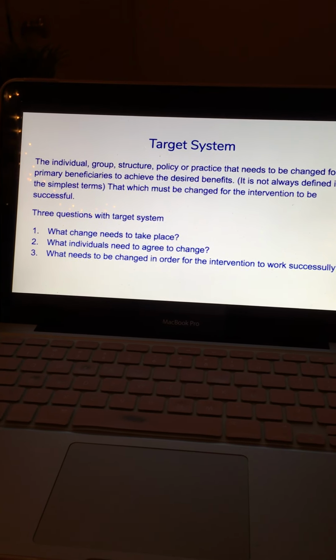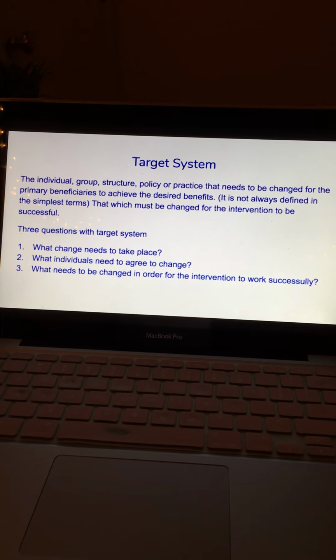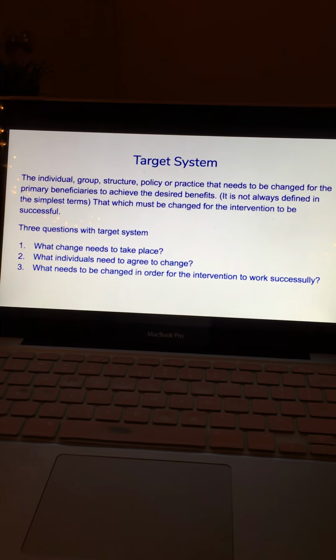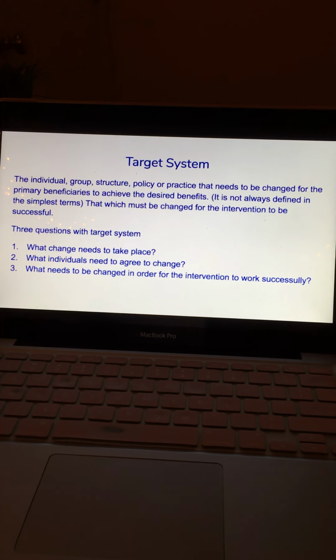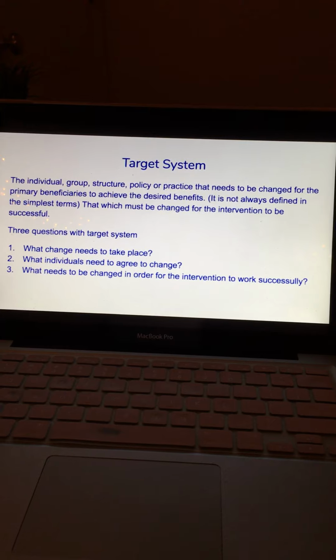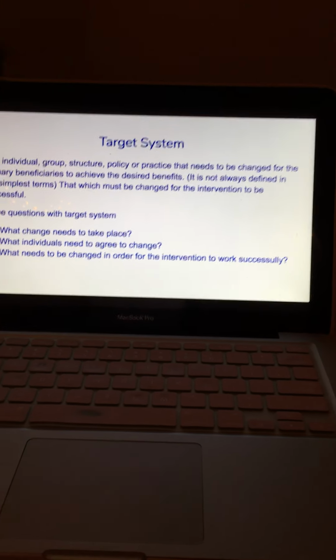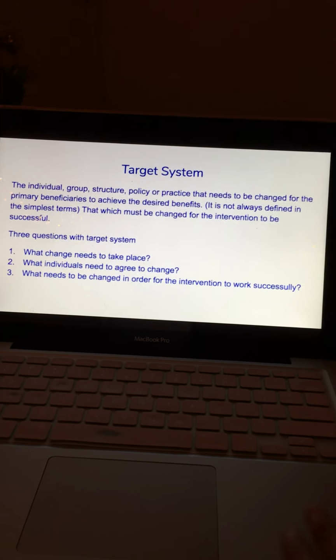First, what change needs to take place, which is really important to figure out and distinguish what intervention needs to go into place to fix the problem. Second, what individuals need to agree to change, so everybody in the community can say this needs to change, that needs to change. And third, what needs to be changed in order for the intervention to work successfully. So those are our 3 questions there.